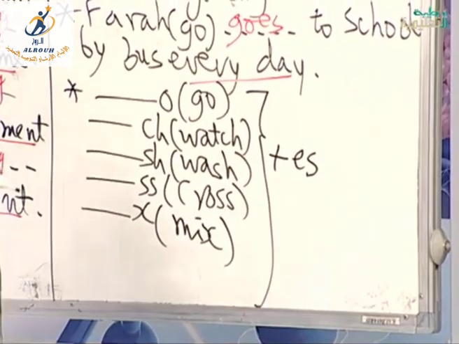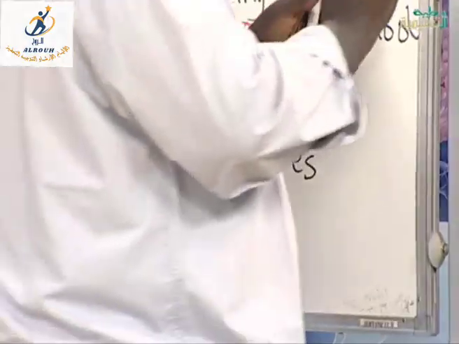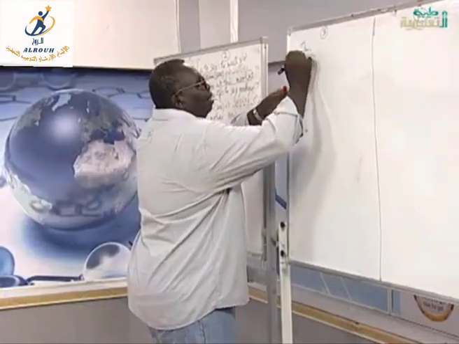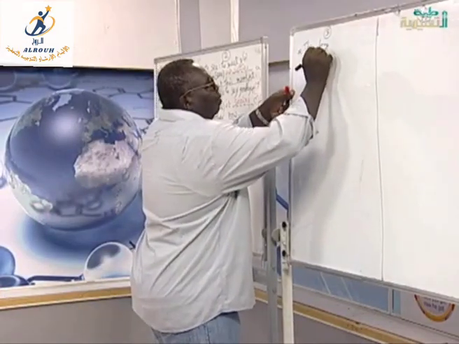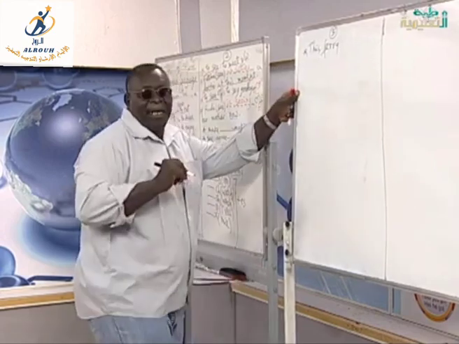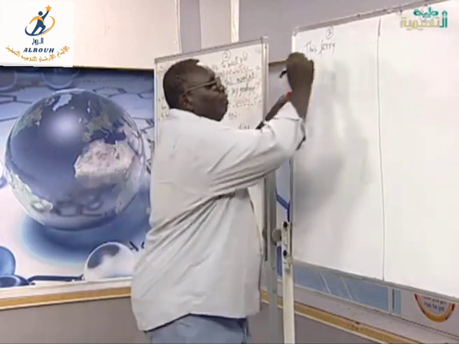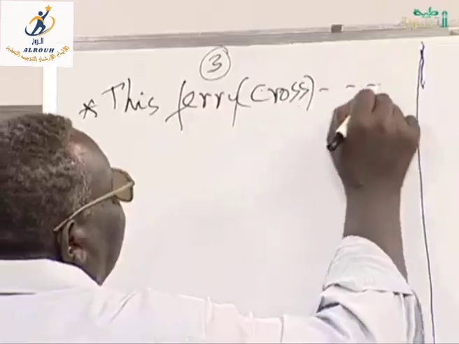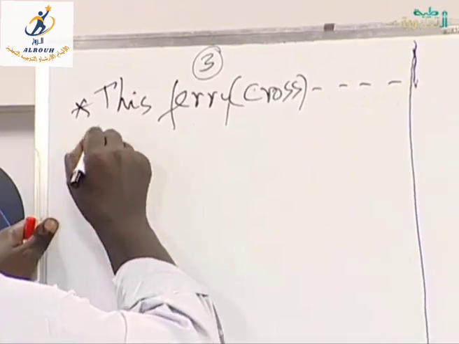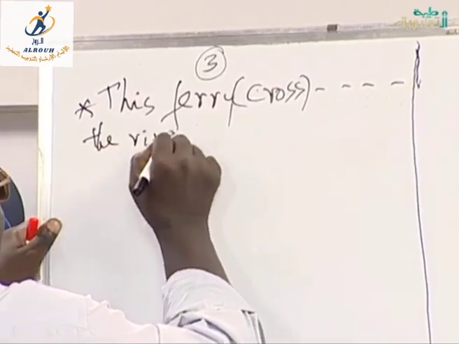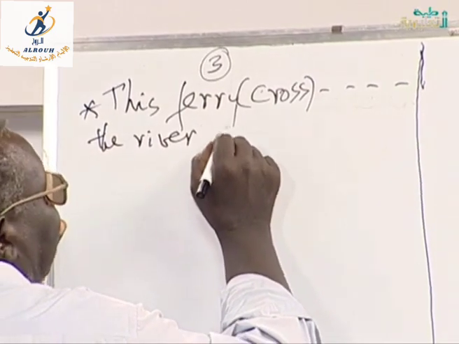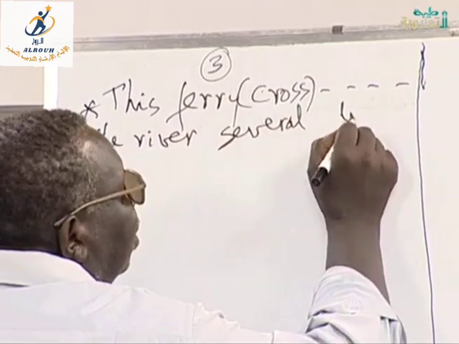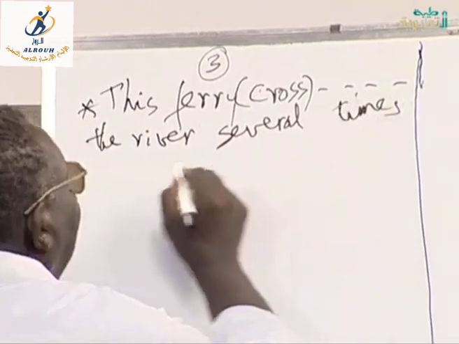Let me give you another example. This ferry, F-E-R-R-Y, ferry, نقدر نقول معدية, بونطون. We have the verb cross, يعبر, the river several times a day.